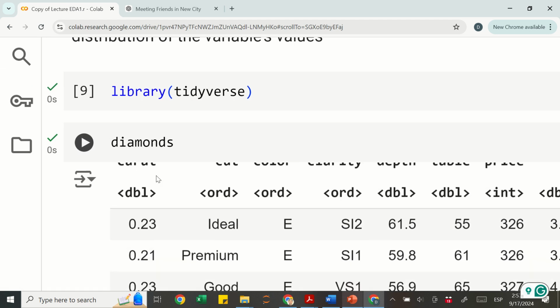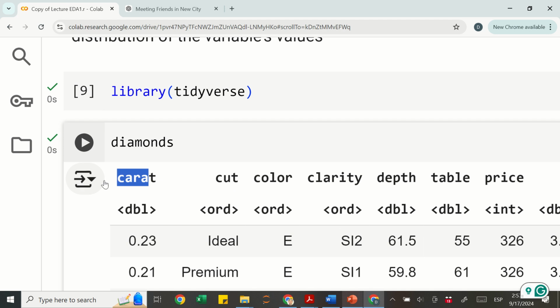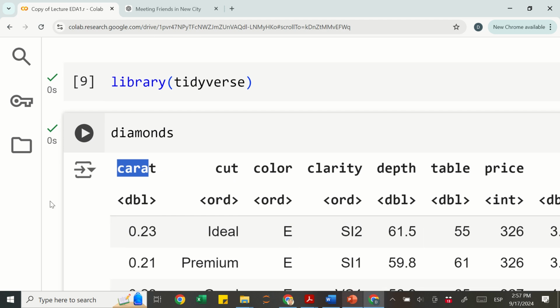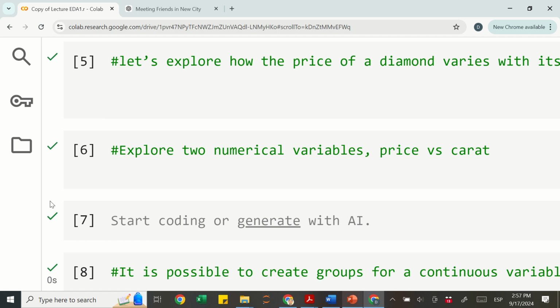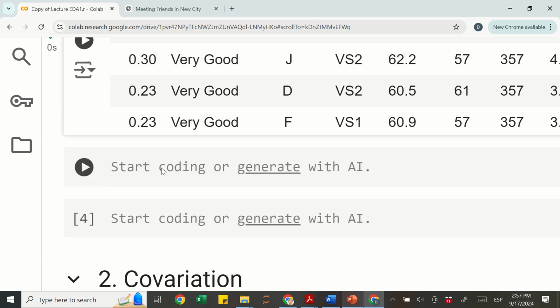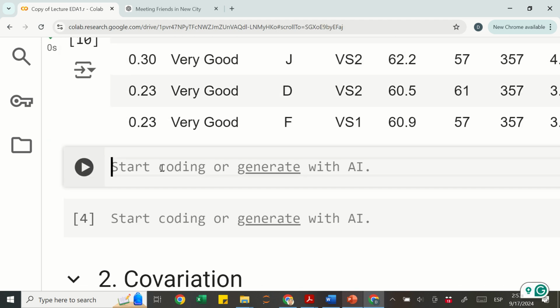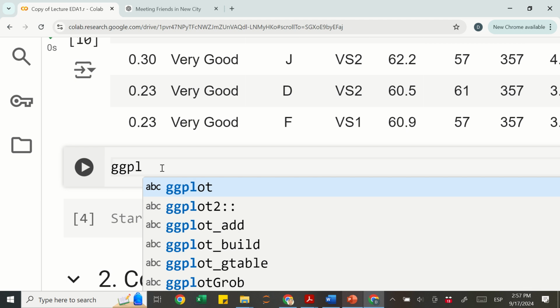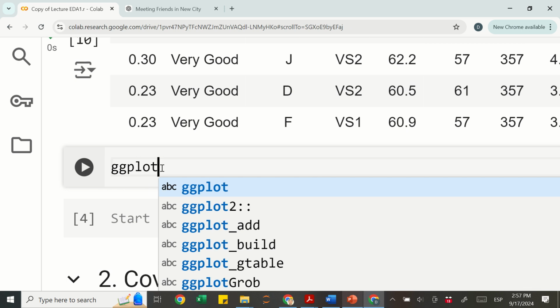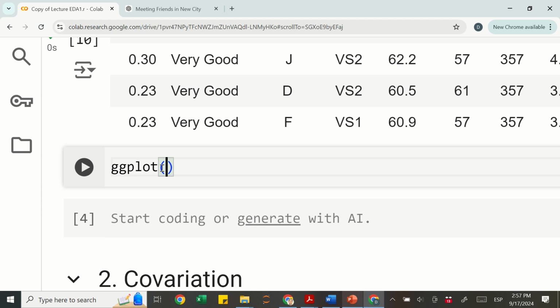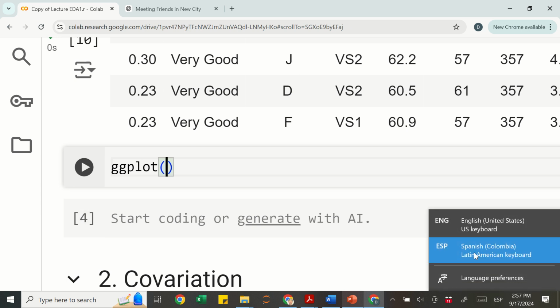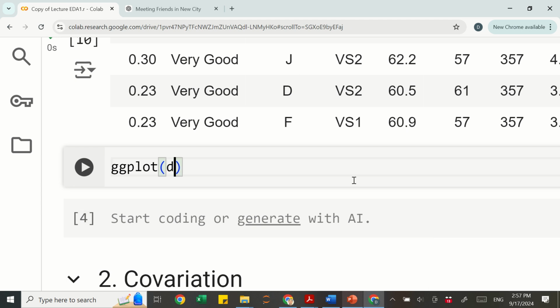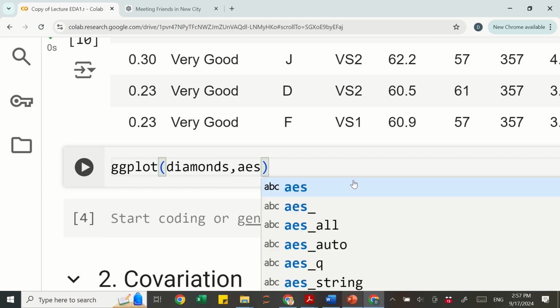Alright, so I'm going to get started with the first variable here, carat, which in general is important in the context of diamonds. So let's analyze it using a histogram. Remember ggplot. For ggplot, we require the name of the data set, diamonds, then the mapping, the aesthetics.